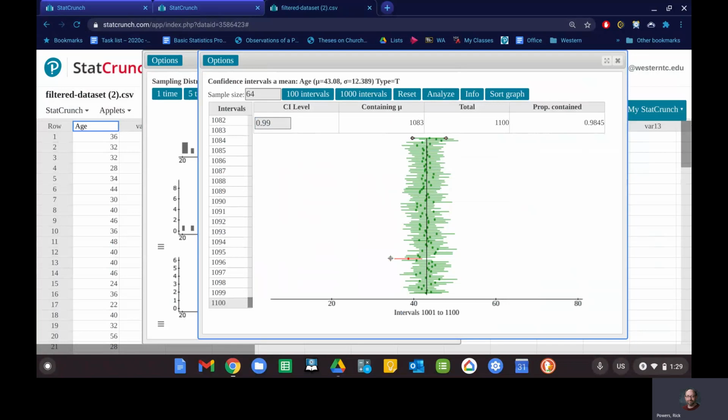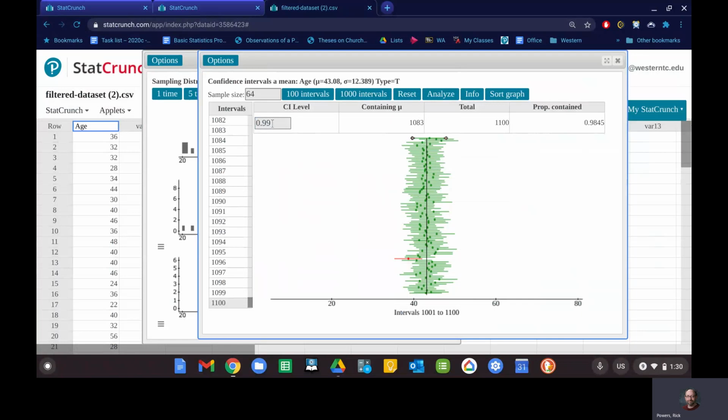Oh, but here's one that missed. So I'm not 100%. Otherwise, all my green lines would be too long. I'm 99% confident that I'm getting an answer that will have the population mean inside of it.